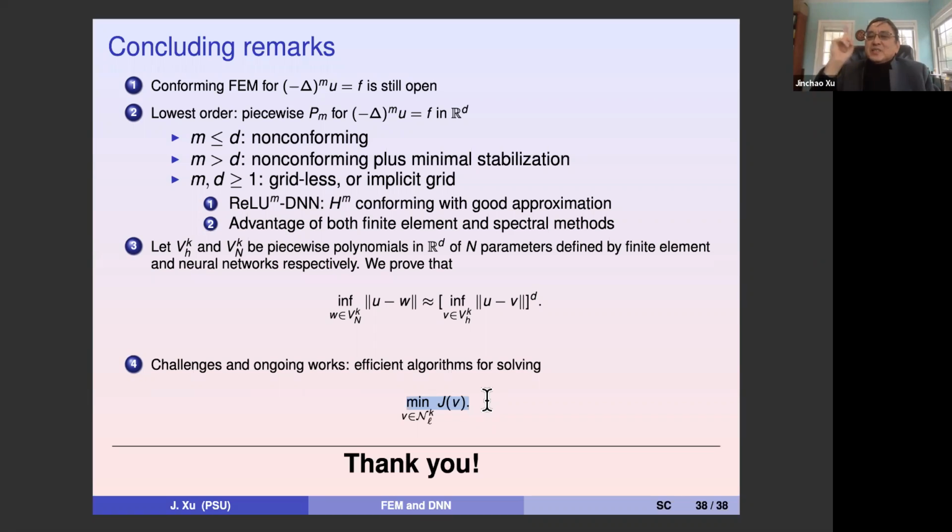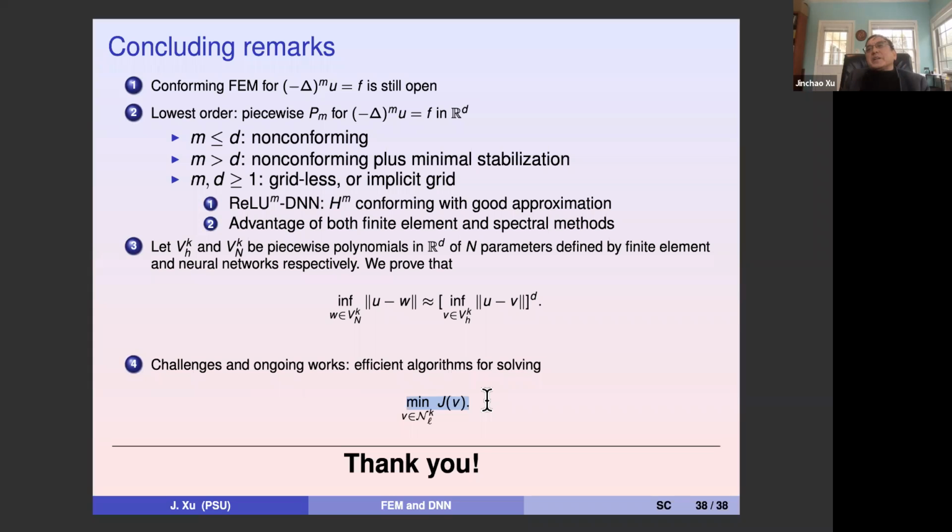But there is one thing I need to emphasize. It's been widely believed, with some theoretical justification, for high order partial differential equations, like the Schrödinger equation or stuff like that, that because the approximation property is independent of the dimension somehow, the curse of dimensionality is not that serious in neural networks.